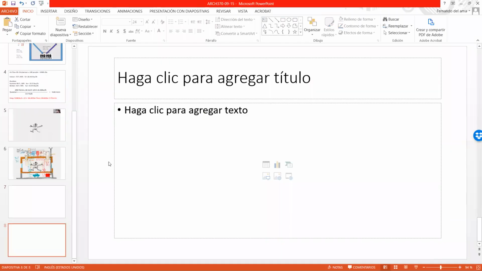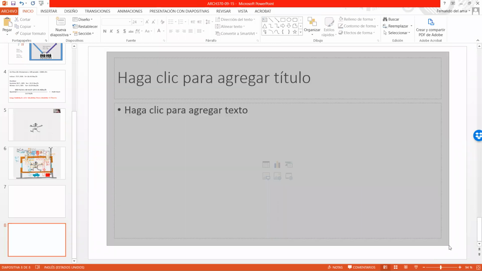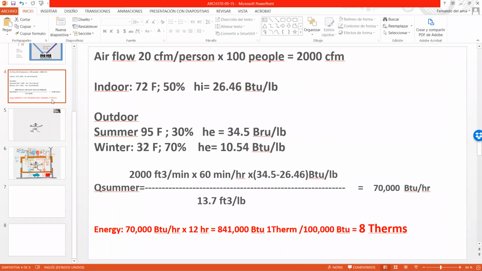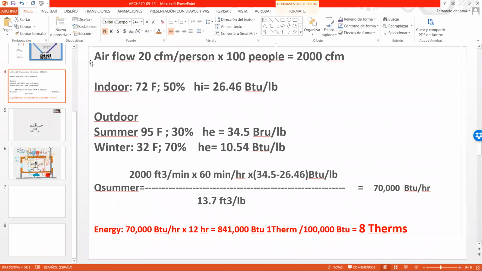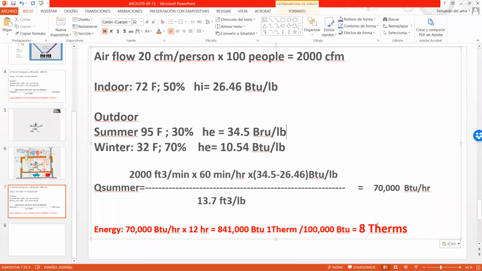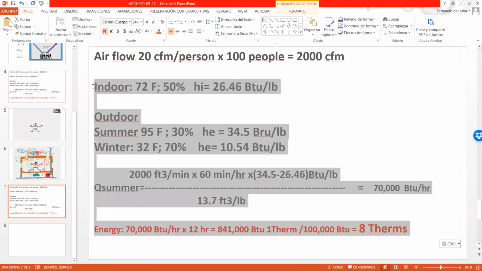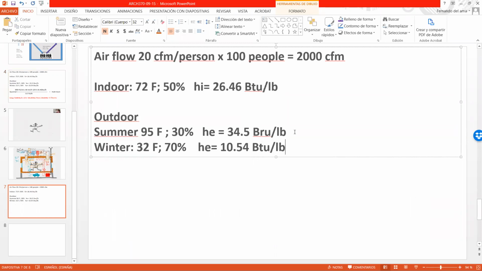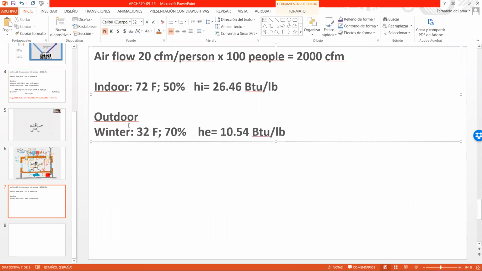Now in this PowerPoint, we need to copy all these calculations here. This is indoor and outdoor. We are going to work with winter, only with winter.